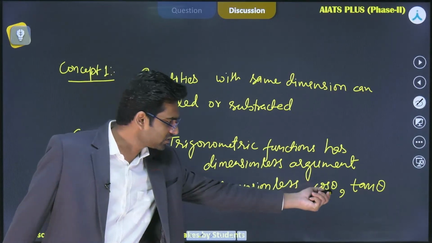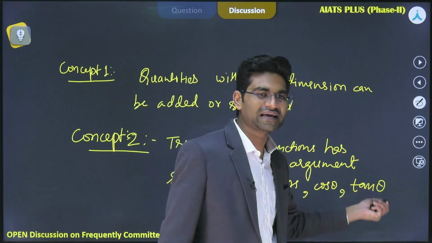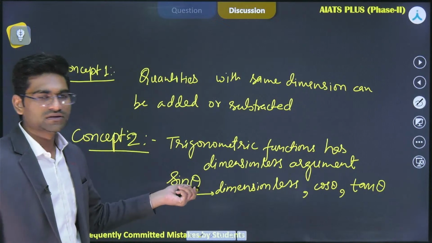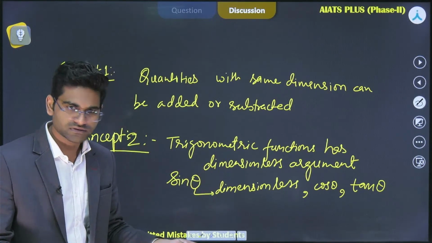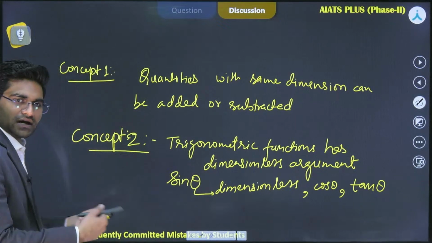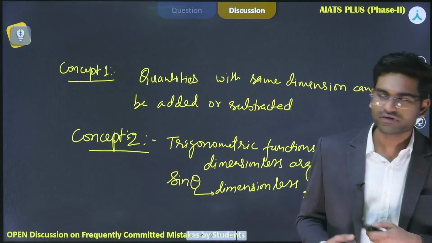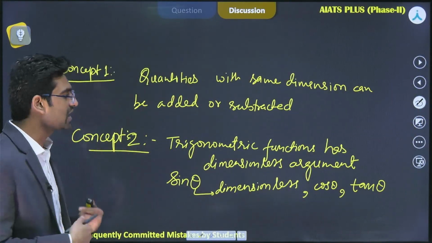Similarly, the argument of cos has to be dimensionless, the argument of tan has to be dimensionless. Alright. Now, in place of theta, there could be another function, but that function has to be dimensionless. Alright. What are the other functions? There could be many functions, but I will give you the functions which we use in our physics. Alright.